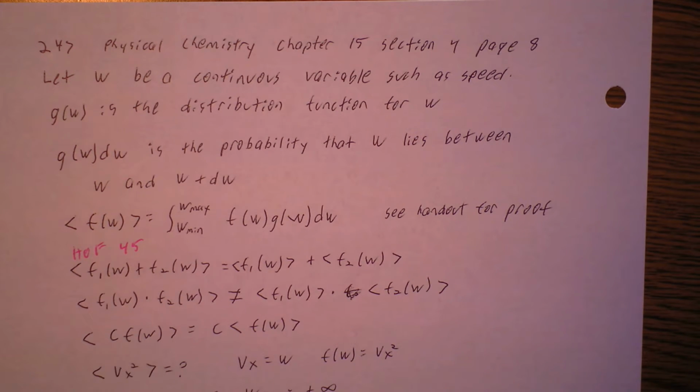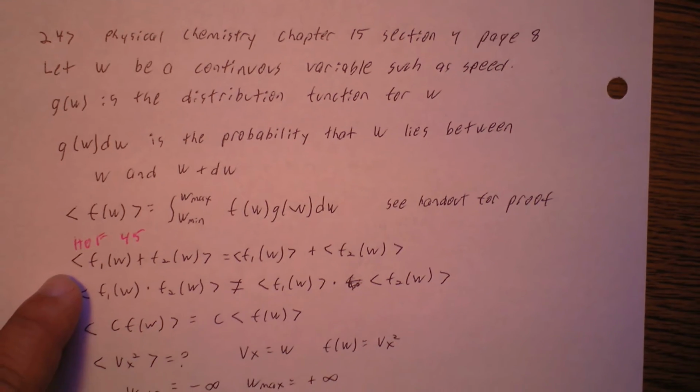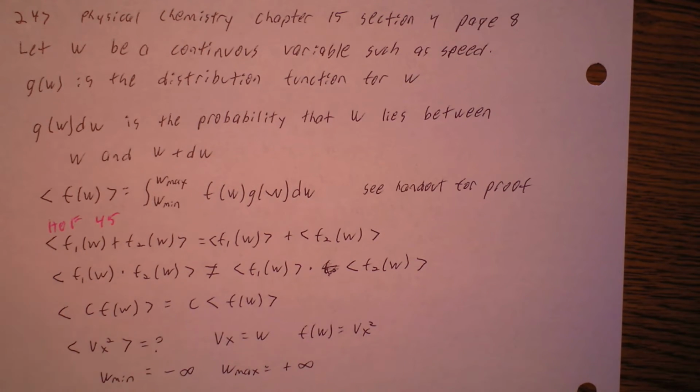So the average value for this function of w is equal to the definite integral from the minimum value we're interested in to the maximum value we're interested in of this function of w times g of w with respect to w. See handout figure 45 to see why that's true.